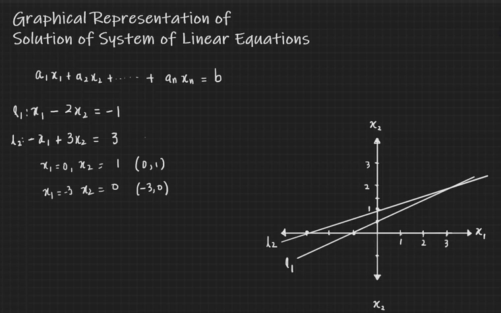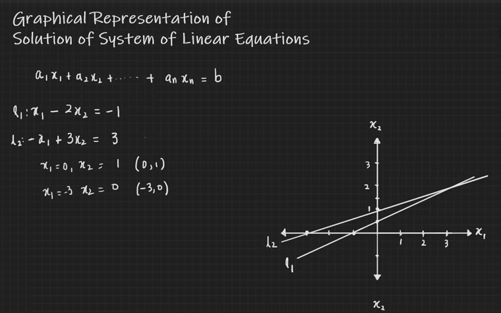Now the points on this straight line are known as the solutions of this second linear equation, minus x1 plus 3x2 is equal to 3. And we can also notice that there are infinitely many solutions of this linear equation because there are infinitely many points on the line L2.